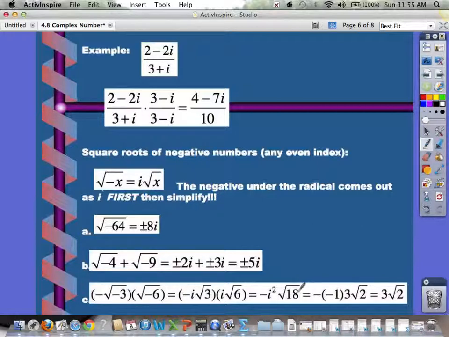Okay, so you need to simplify that out. Negative times negative 1, because you must plug in a negative 1 whenever you see i squared. That becomes a positive 1, which essentially goes away. And then you do simplify your 18. That ends up being 3 square root of 2, which is going to be your final answer. Okay, so you take care of those negatives under the radicals first. They become i. All right.